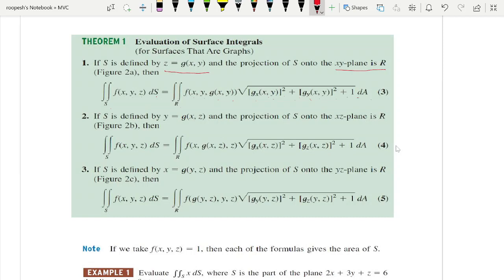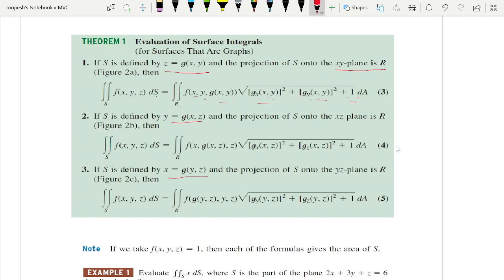Similarly, we can have y as a function of x and z, and x as a function of y and z also. In each case the formula is the same. The only difference is that we should make cyclic changes in the formula in terms of the variables. Whenever z equal to g(x, y) is given, every term should be in terms of x and y.